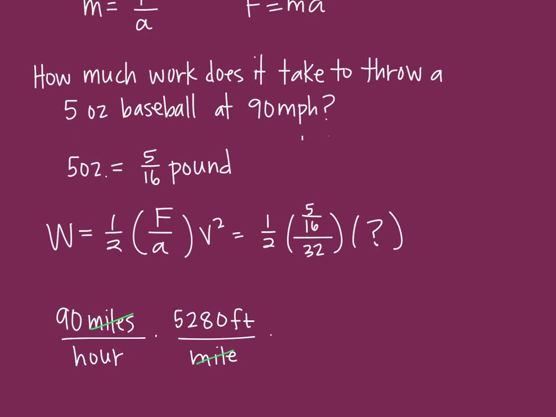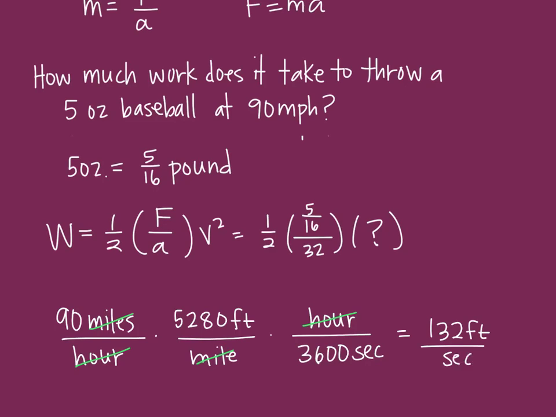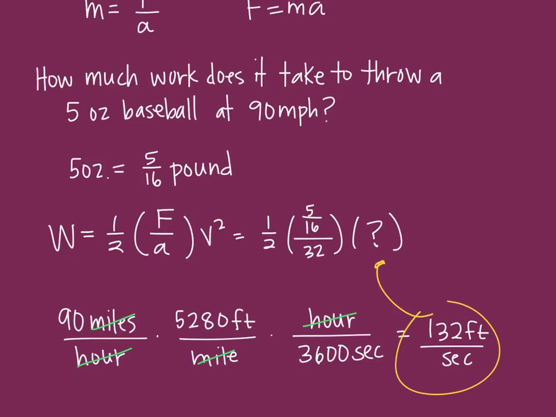Now I need to reduce the word hour out, so I'll put an hour on top. How many seconds are in an hour? 3600. Then the word hour will reduce. So 90 times 5280 divided by 3600 works out perfectly to 132 feet per second. That is my velocity, which is going to go in for V.